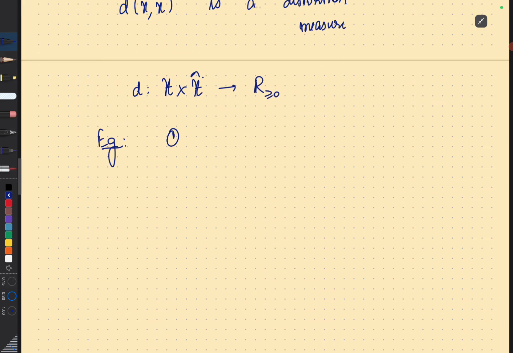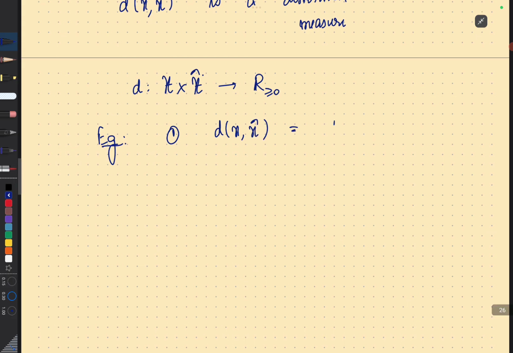So one such distortion measure is the absolute value of the difference between x and x hat. All right, so this is the absolute error measure. d(x, x hat) could be x minus x hat squared, which is the squared error distortion.